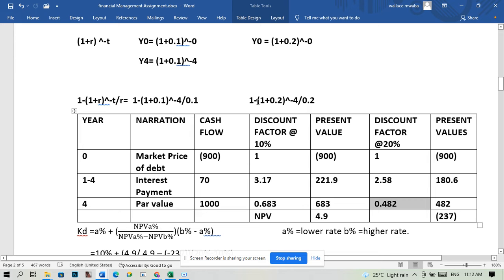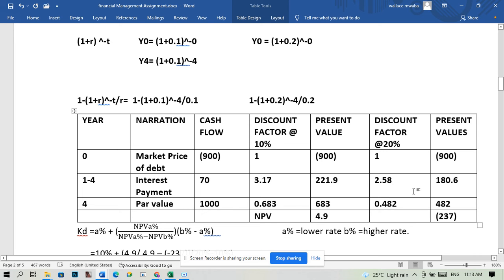Then we subtract that from 1, so 1 minus 0.482, we get 0.518, and then we divide that by 0.2, we get 2.59. I think earlier when we calculated, we never rounded off the first decimal places, so we got 2.58.